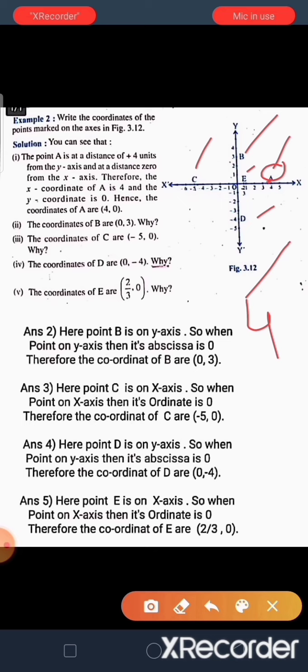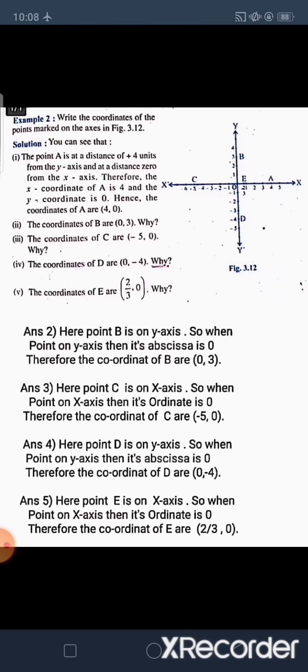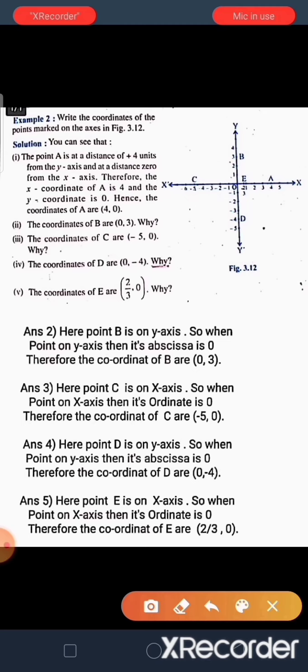Therefore the y distance is 0, because this point is on the x-axis. When a point is on the x-axis, its y coordinate is 0. So the coordinates of A are 4, 0.